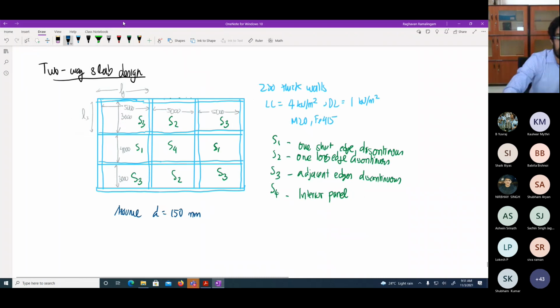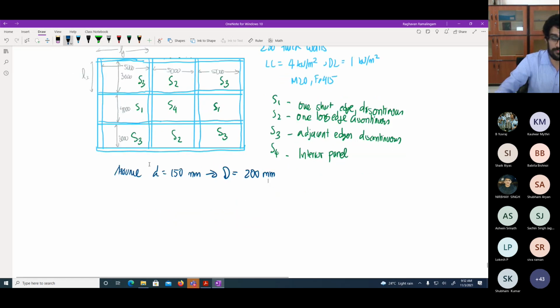If we assume we do not know the effective depth, and this is the effective depth, then probably the overall depth may be close to 30 plus 10 mm diameter, or 40, about close to 200 mm. We are not sure about that, but it might be close to it. Okay, so with this we can find the effective span.